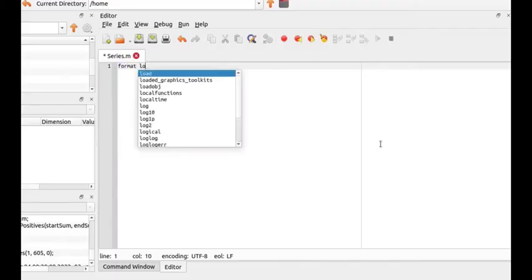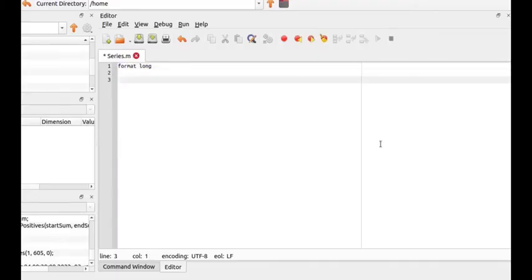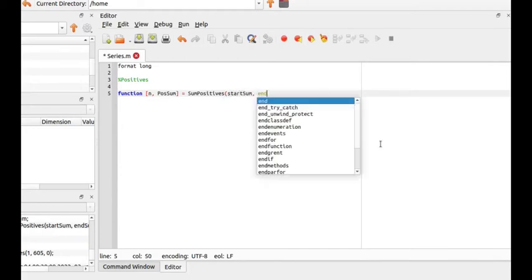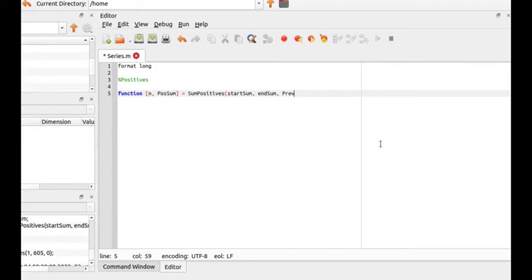We're gonna start by setting the format to long, because we're working with long decimals. Let's first do the script for positive numbers. We create a function that will give us two values, n and the total sum. And it's gonna have three arguments: start sum, end sum, and previous sum.